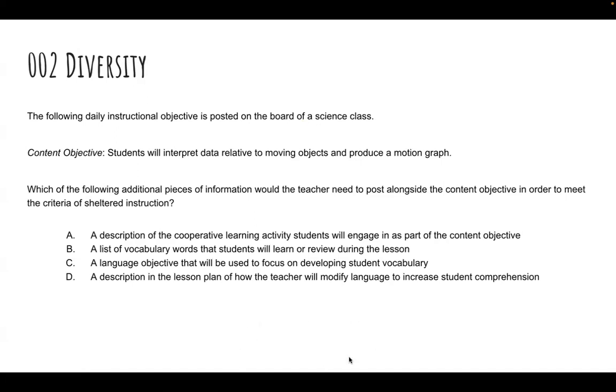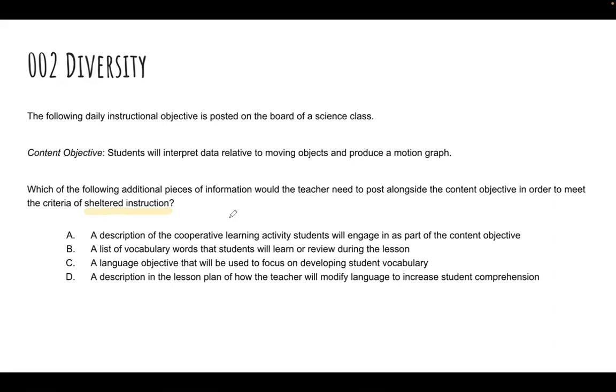Okay, so let's go back. What is the question asking us? And I'll give you guys a hint. Sheltered instruction deals with the ELPS, English Language Proficiency Standards. So when we do sheltered instruction, what is the question asking us?